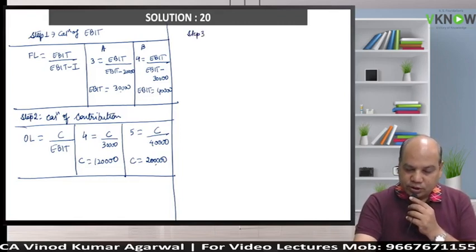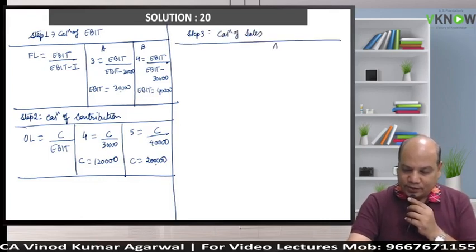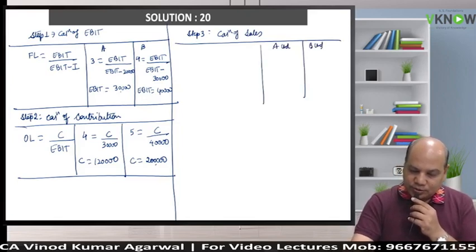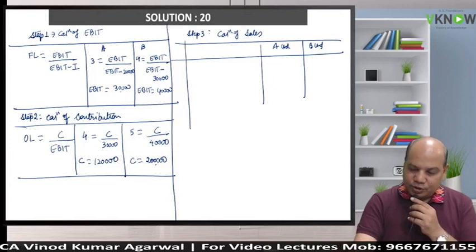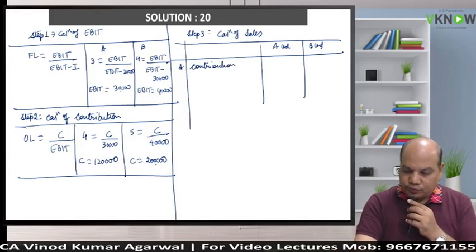Step number 3, write down calculation of sales. Right hand side, 2 columns, A Limited, B Limited. First point A, contribution from step number 2. In bracket step number 2, write nicely.